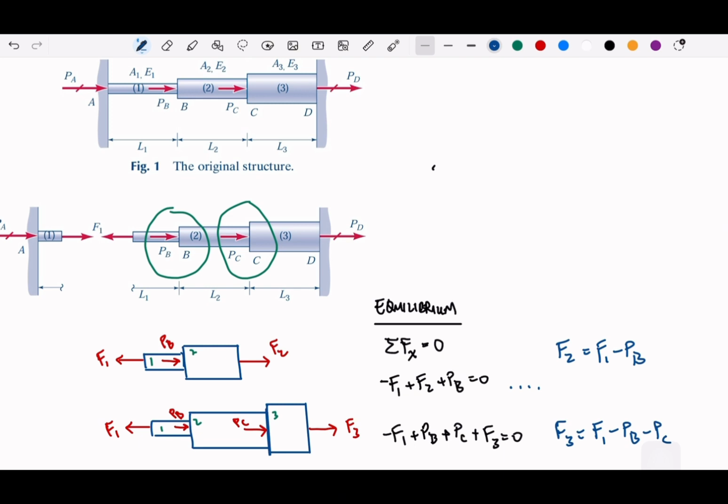Total elongation, because it's on the wall, elongation 1 plus elongation 2 plus elongation 3 will be 0. And each elongation we can write in terms of the force, F1, F2, F3, using the FL over AE formula. Let me write the original description of the elongation. Every time you have axial deformation, you can always start by writing down this formula.